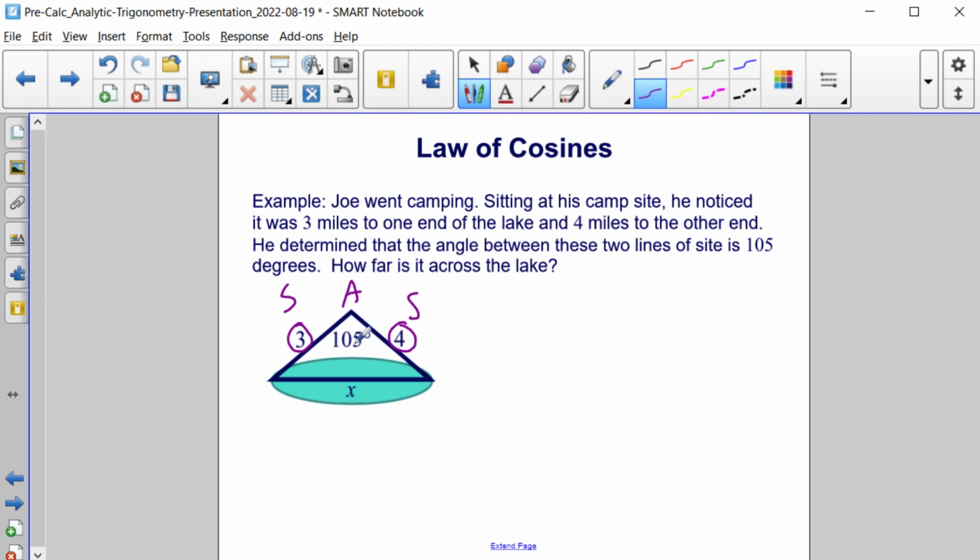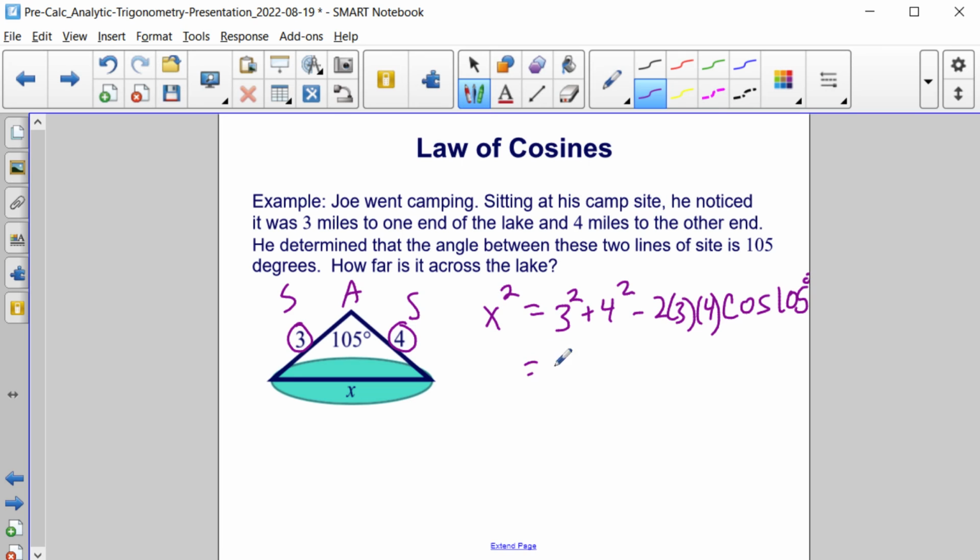And because we have the angle of 105 degrees given to us, we're going to have the unknown value x squared on one side and the cosine of 105 degrees at the other end of our equation. And then we fill in the other missing pieces. So we have 3 squared plus 4 squared minus 2 times 3 times 4 times the cosine of 105.